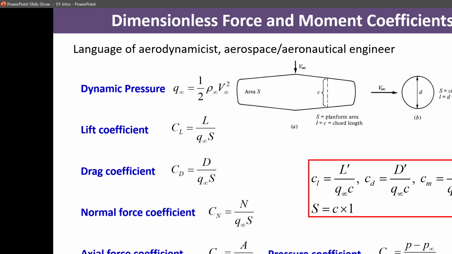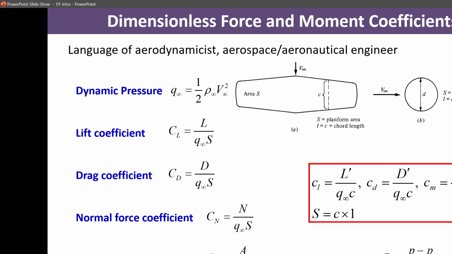So what we do is we take the force, for example, in the case of the lift coefficient, we take the lift force, and then divide it by the dynamic pressure multiplied by the area. If you recall from your fluid mechanics or aerodynamics, pressure multiplied by the area is always going to give us force, right?